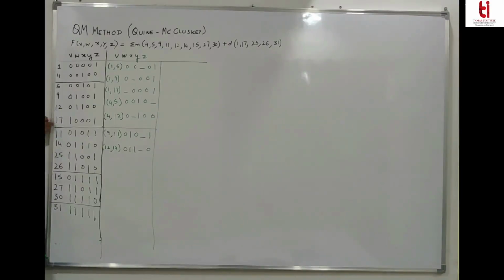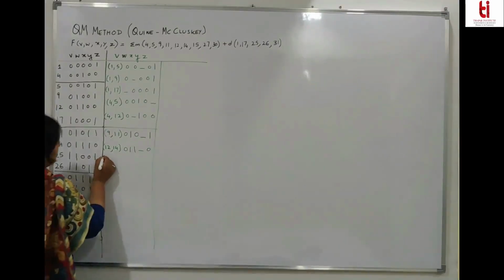So this is over. Now next is 17. 17 with 11. Not possible because 11 is smaller than 17. Okay. 17 with 14 again not possible because it is smaller. 17 with 25. Can you see 17 with 25? So, yes or no?